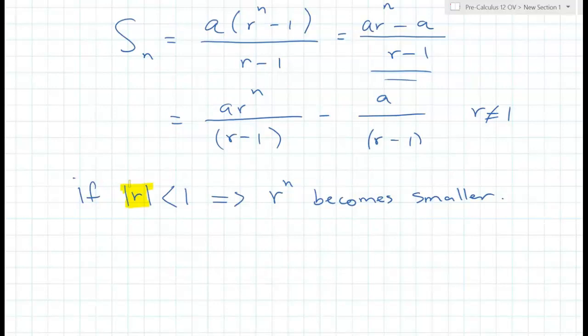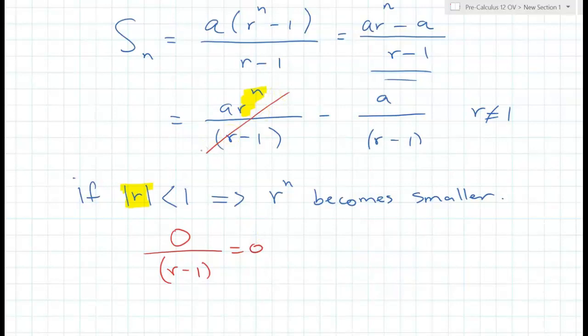That's what the absolute value is covering, okay? Then this term right here, R to the n, will become a very, very, very small value, close to 0. And what do you have when you have 0 divided by R minus 1? Well, that will be 0. So this first term will go away.